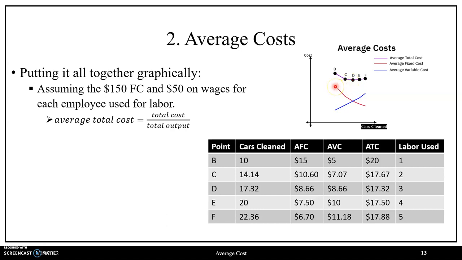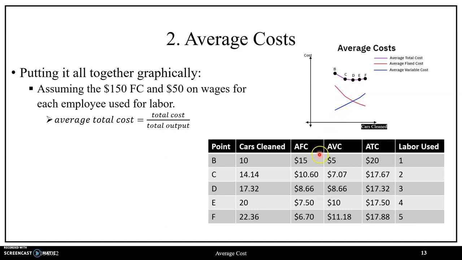If we look down at average fixed cost and average variable cost, we see up until point D that average fixed cost is greater than average variable cost, where average fixed cost is downward sloping. So since it is the dominant cost effect, since it's greater, this is going to be reflected in average total cost and it being downward sloping.